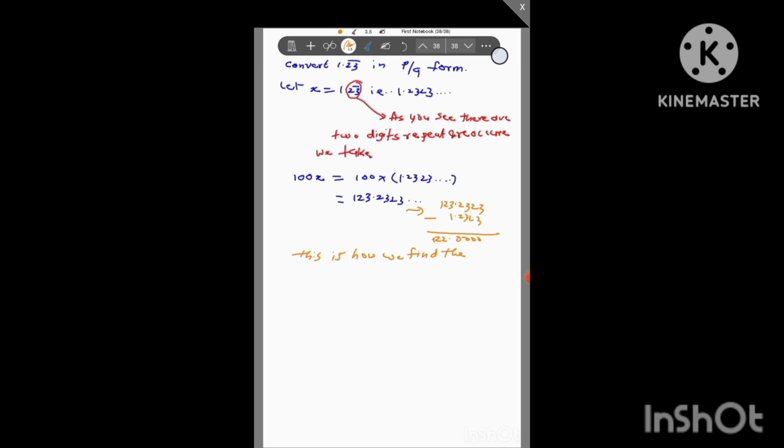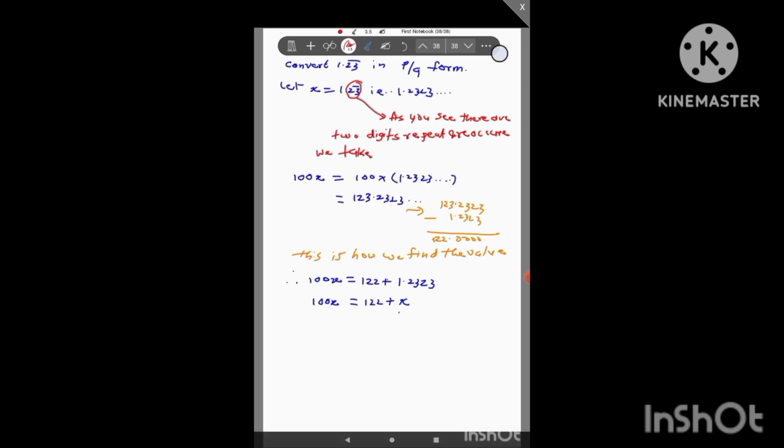Then write this 100x, that is 123.2323, as 122 plus 1.2323, which is x. We have considered 1.2323 as x. Now it is very simple.